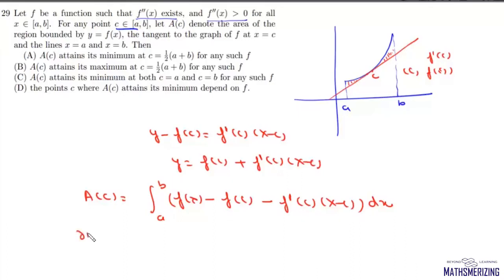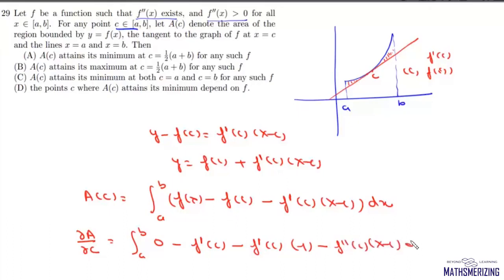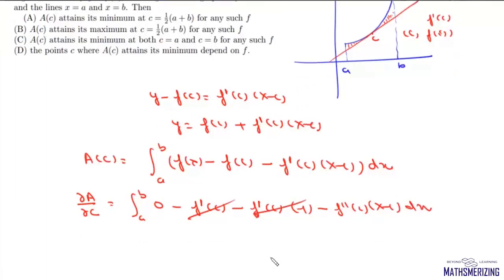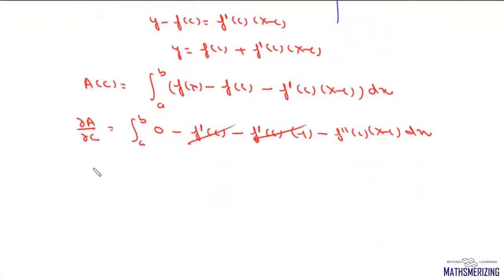So what we'll do is find del A by del c. It will be the integral from a to b. Now this is 0, then this is f dash c minus f dash c and minus 1, and then minus f double dash c into (x minus c) dx. Now this f dash c will cancel. So we can write del A upon del c as minus the integral from a to b of f double dash c into (x minus c) dx.